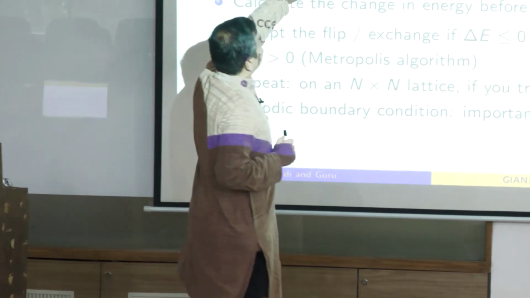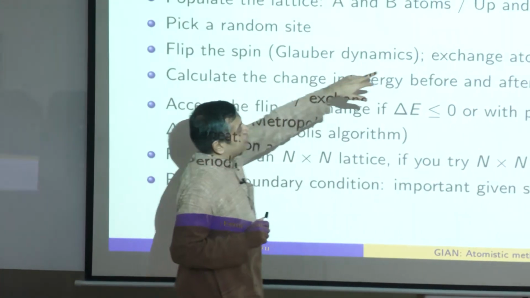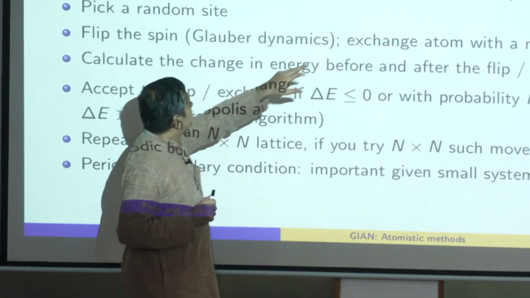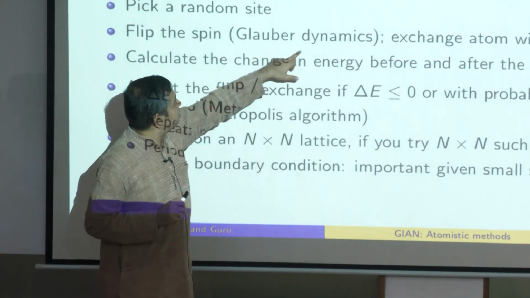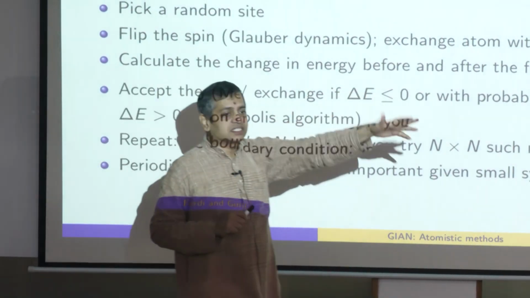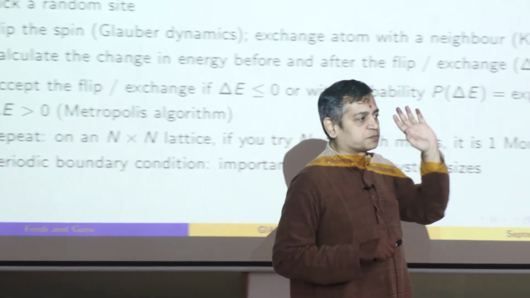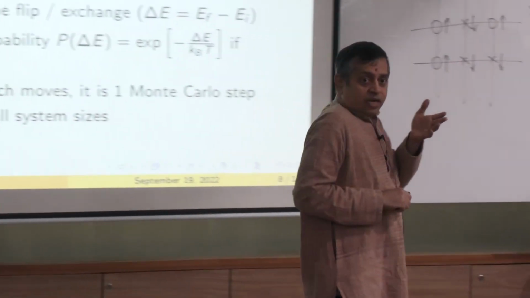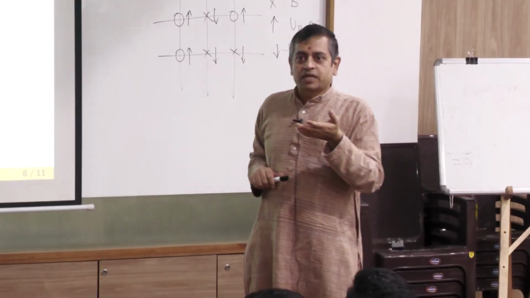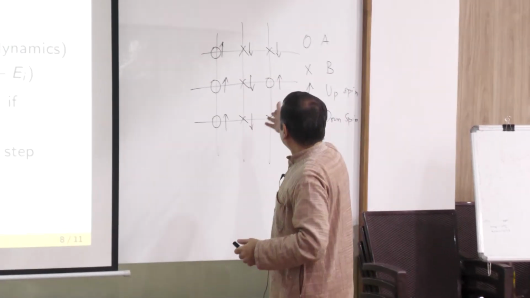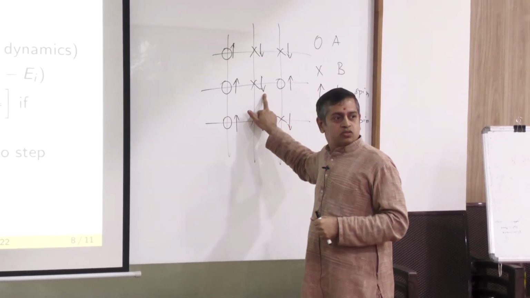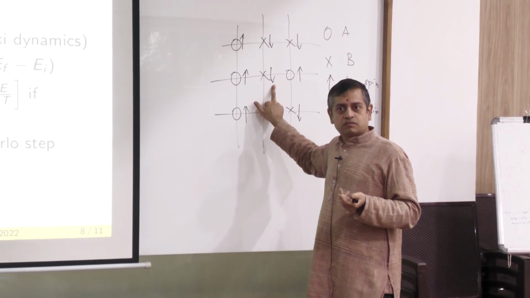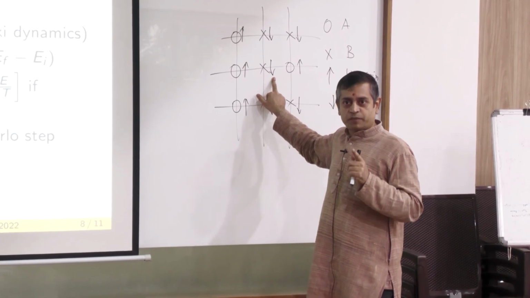If you deal with spins, you can see in the dynamics also there is a difference. I can go to any of the sites and just flip the spin, because I do not have to conserve. I can randomly change one of the spins from down to up, that is allowed.